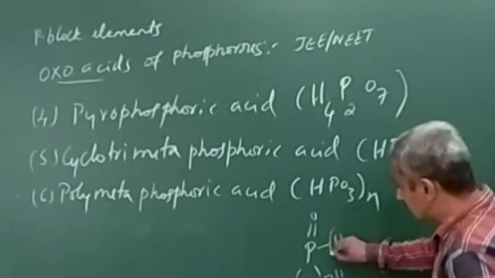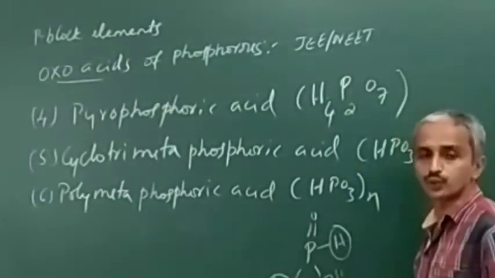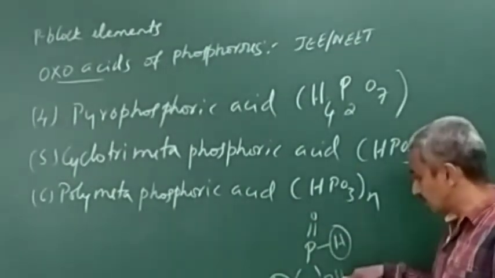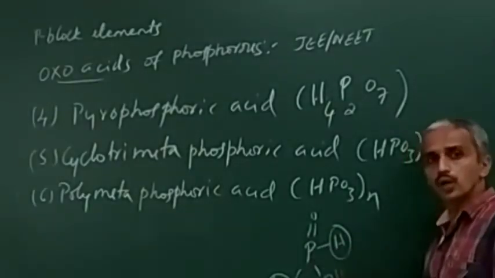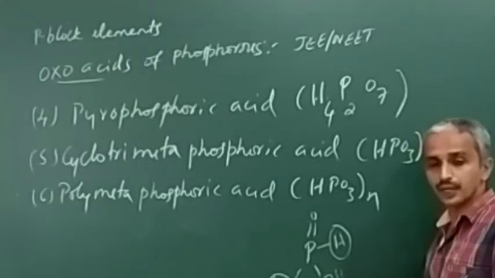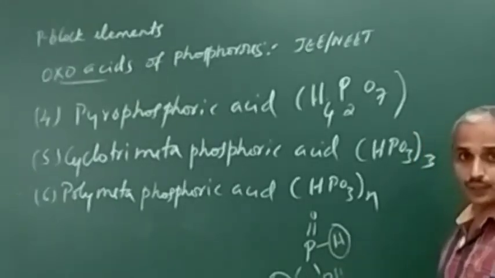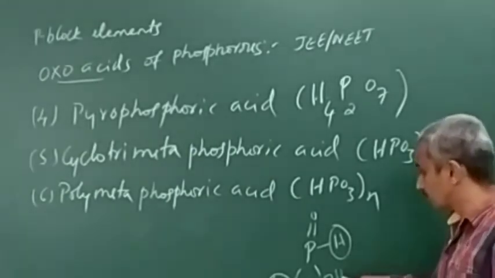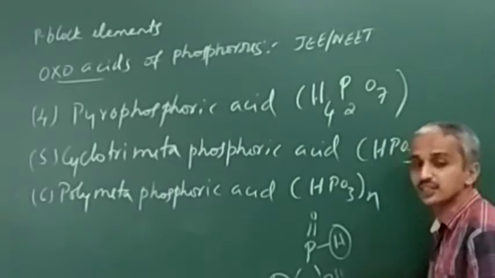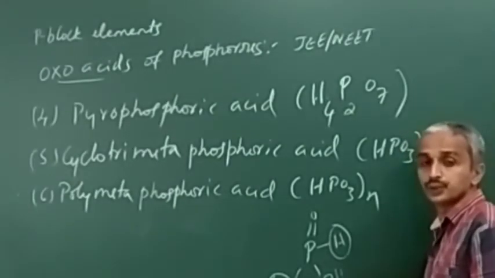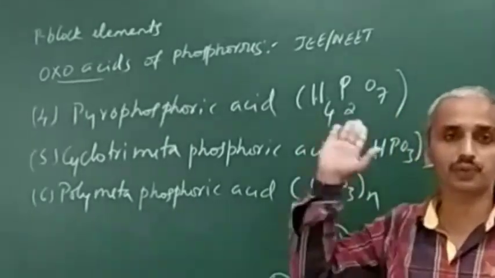And remember, this hydrogen or this hydrogen cannot be given out in the solution. Only those hydrogens which are bonded to the phosphorus through a more electronegative element can be donated to the water, or only this OH hydrogen will be ionized in solution. So, 6 important oxo acids you have to remember.